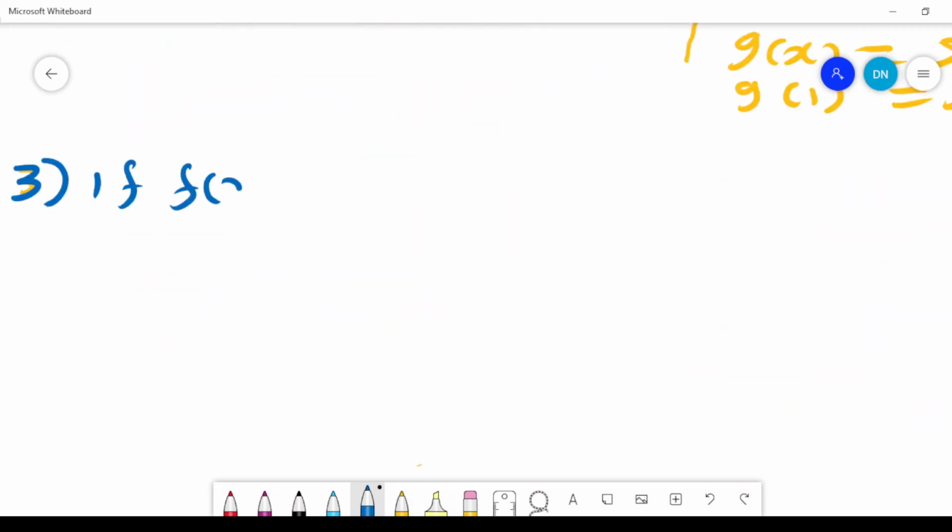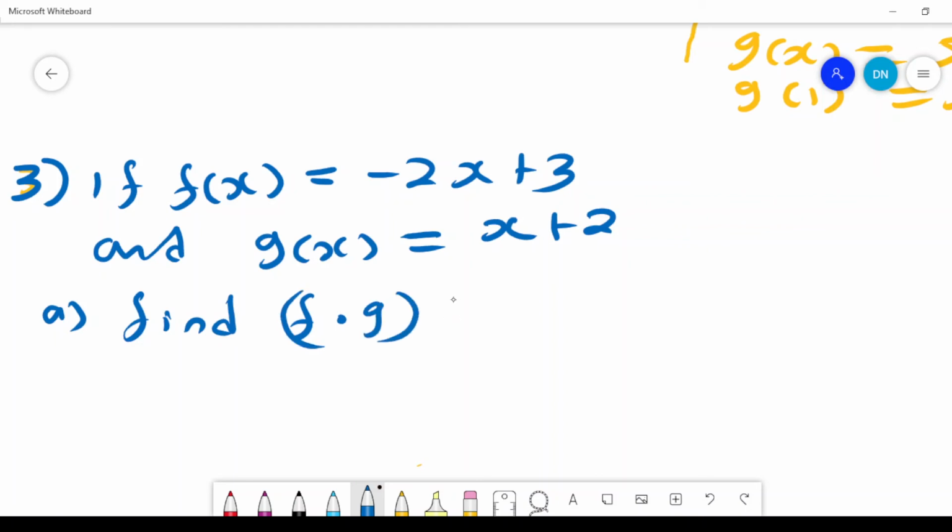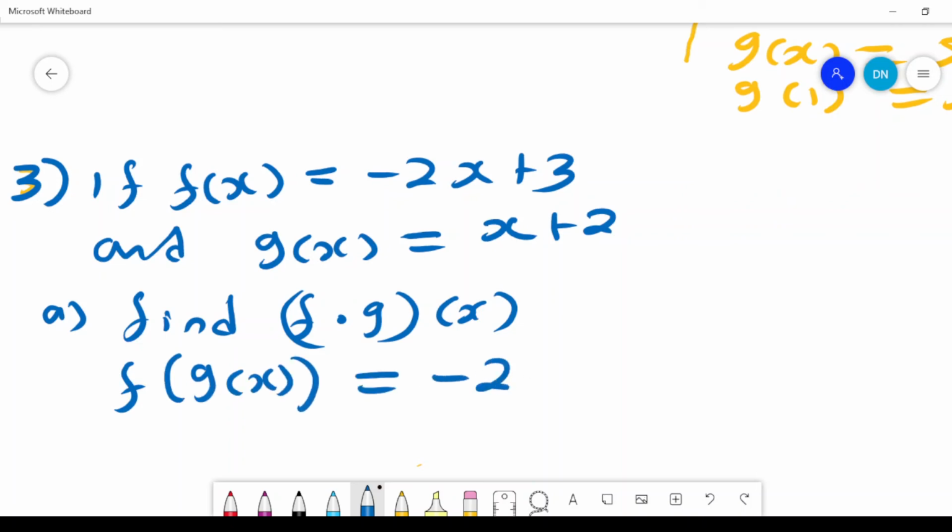If f of x is equal to negative 2x plus 3 and g of x is equal to x plus 2, then if we are to find f of g of x, that will be equal to minus 2 g of x plus 3.